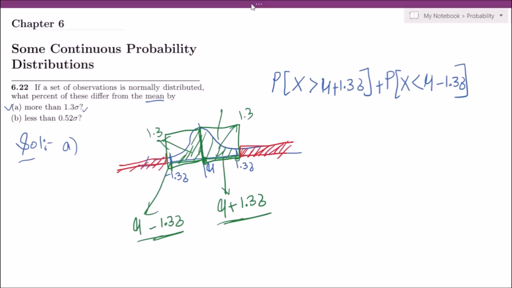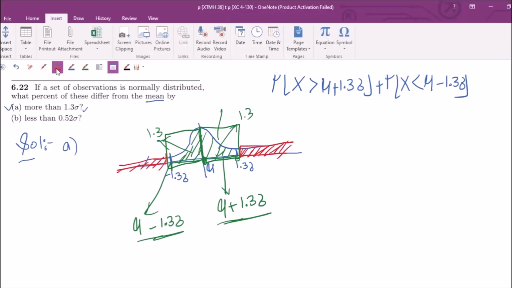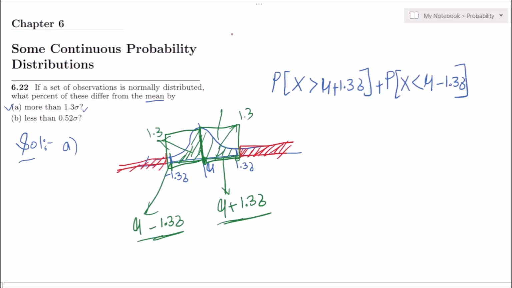Now to proceed further, we remember that previously, when we wanted to convert from z to x, we used x equal to mu plus z times sigma, and this was from z equal to x minus mu divided by sigma.